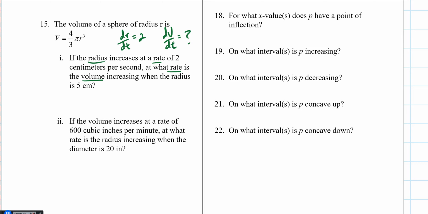Well, so I'm going to take my volume formula, and I'm going to take its derivative with respect to time. That formula then leaves me with dV/dt. I'm using implicit differentiation, so it's going to be 4 pi r squared dr/dt.